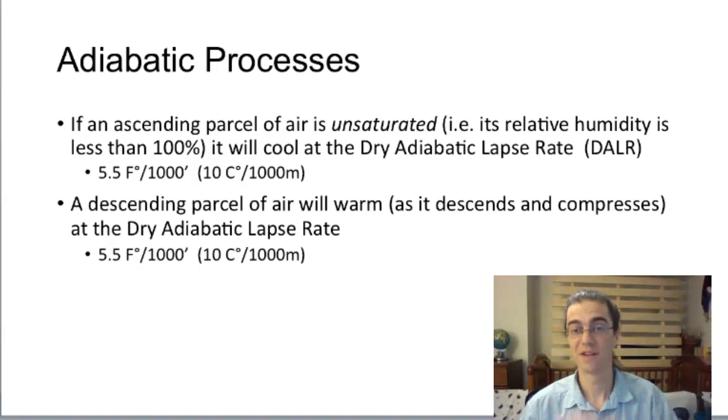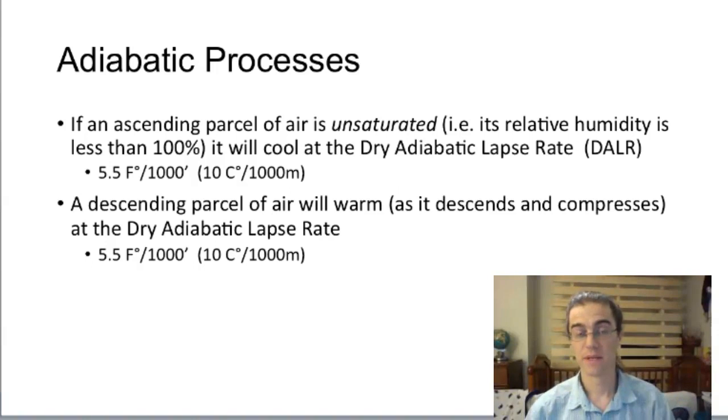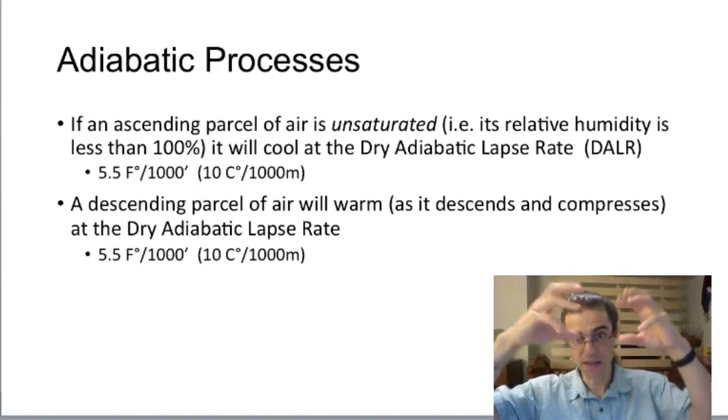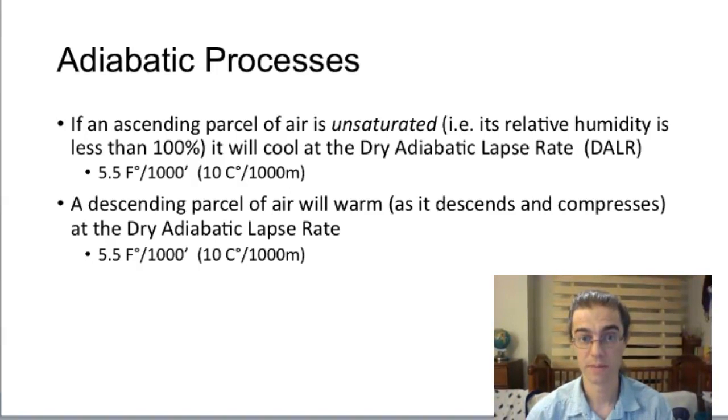Celsius comes in really handy with its multiples of 10. And a descending parcel of air will warm. As it descends, it compresses, right? We can visualize a mass of air rising up the Sierra Nevada and then descending the other side, descending and compressing at the dry adiabatic lapse rate.